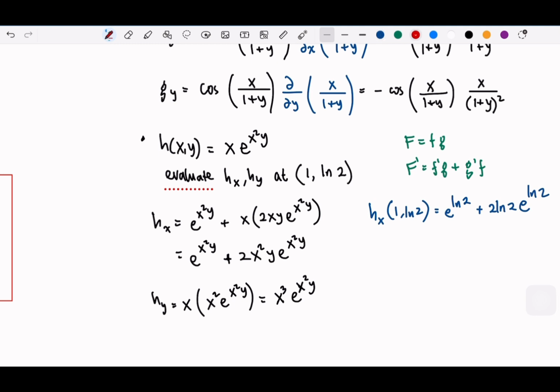So this will be 2, this will be 2, right? So this will be 2 plus 2. So this will be 4, right? 4 ln 2, right? And h_y is just 1, and then e^(ln 2), or this is just 2. Okay, so that's it.